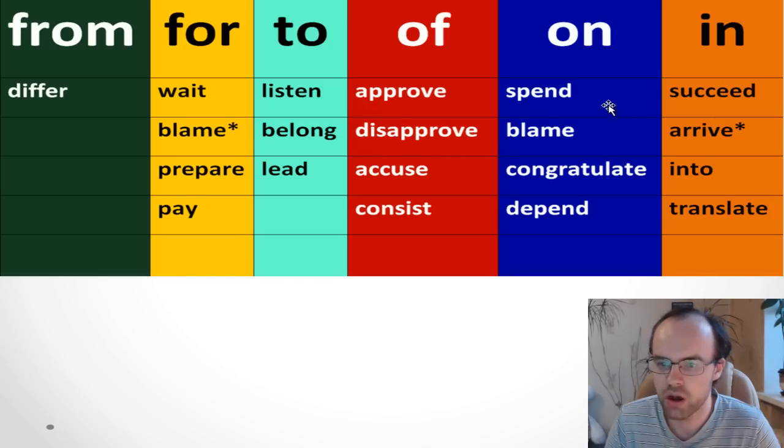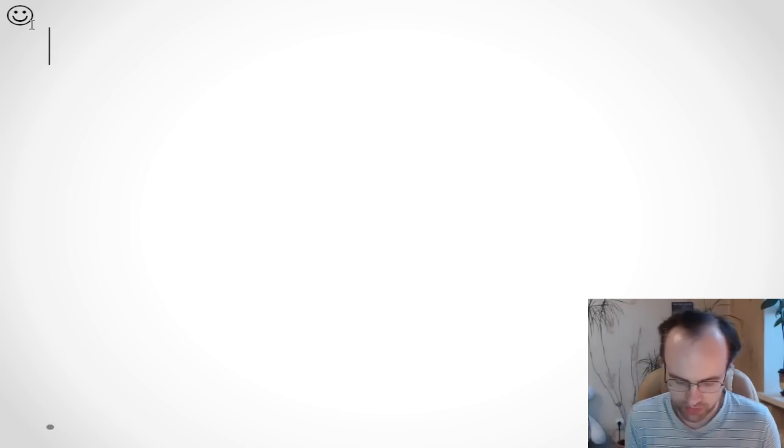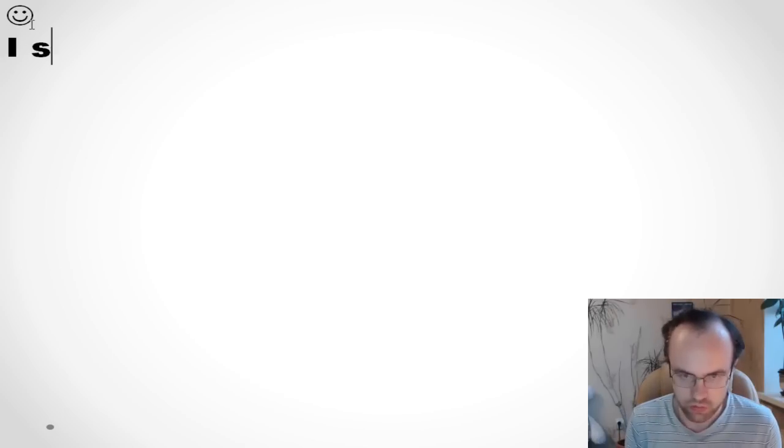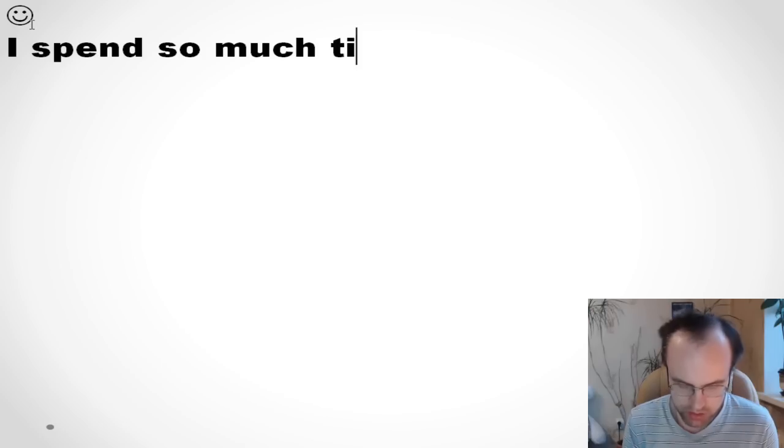Good. So what else do we need to say? A few words about spend on. Students often use this verb incorrectly. I often hear this: I spent so much time for English.